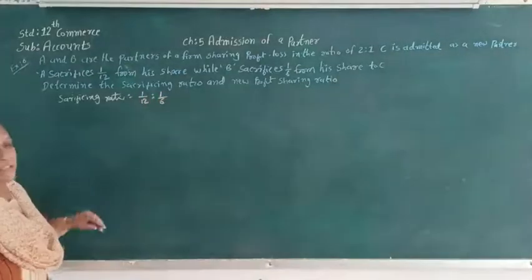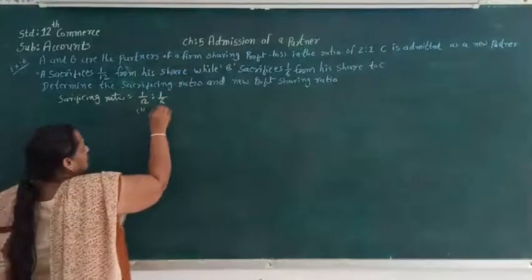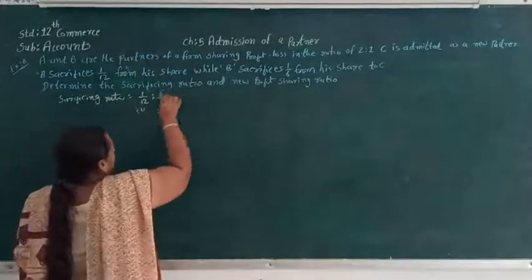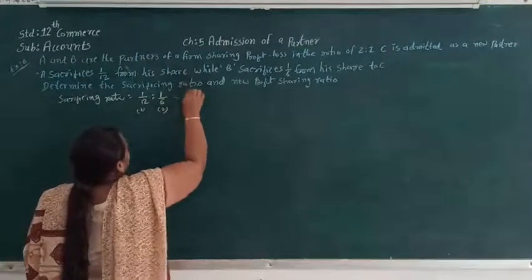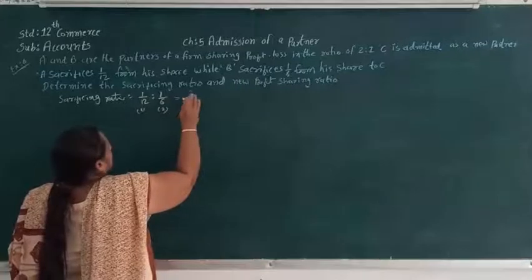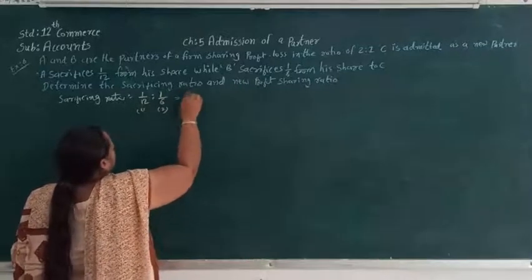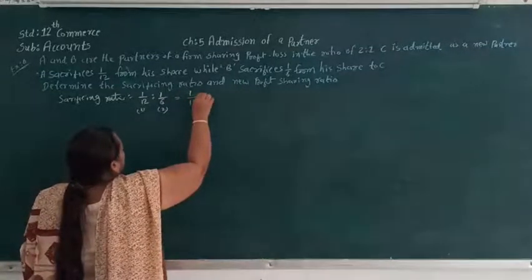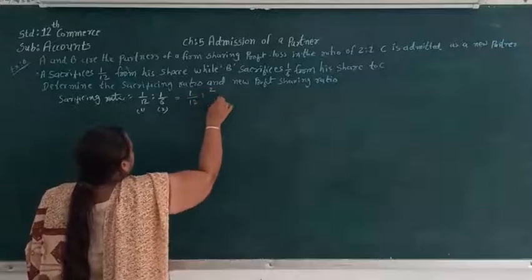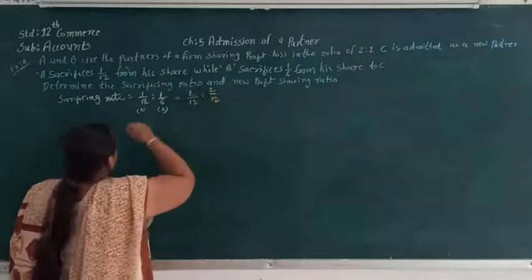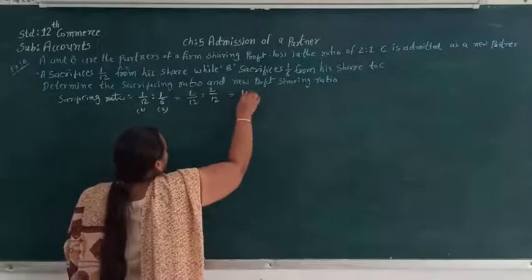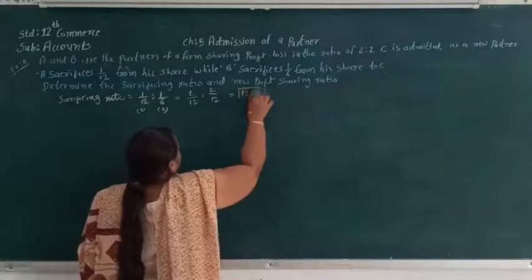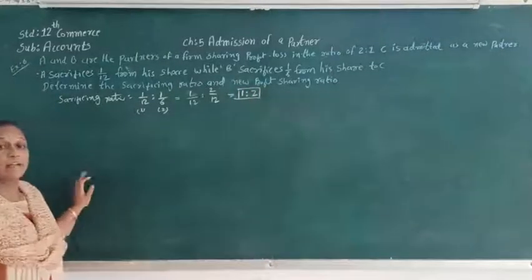Making the denominator the same, we multiply by 1 and by 2. So 1 upon 12 is to 2 upon 12. So the sacrificing ratio will be 1 is to 2. So this is our sacrificing ratio.